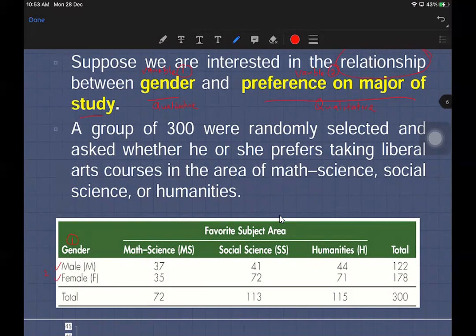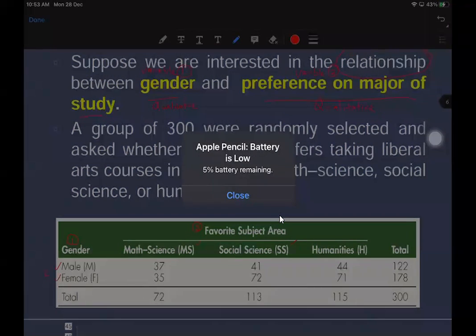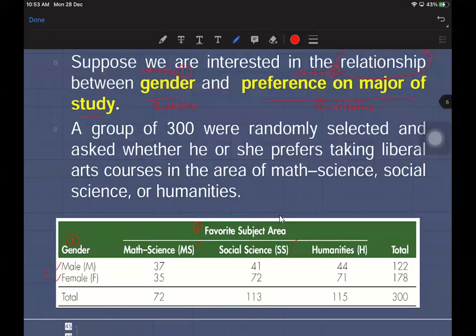So we have two types of data here. Favorite subject area, or the major of study, is the second variable, and we have three types of data for favorite subject area.